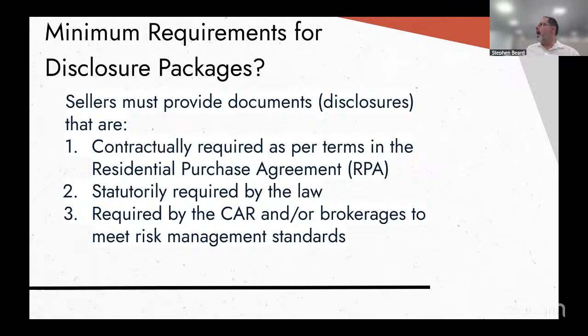Your broker may have standards of practice that provide additional documents that they want every listing they sell to include for their own risk management, going beyond what is required by the contract, going beyond what is required by the law. So those are the three levels of things that are going to be required. So you might be asking, oh my goodness, how do I know what to do?